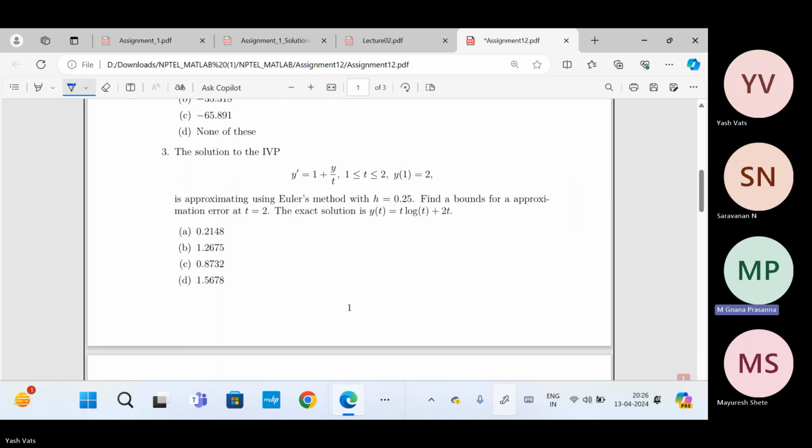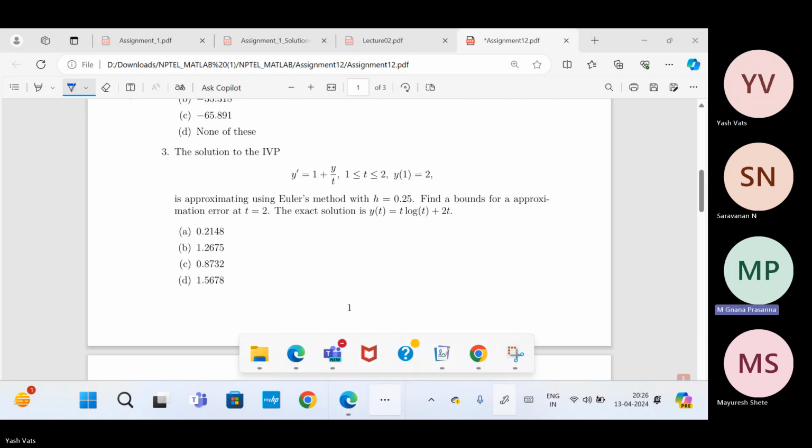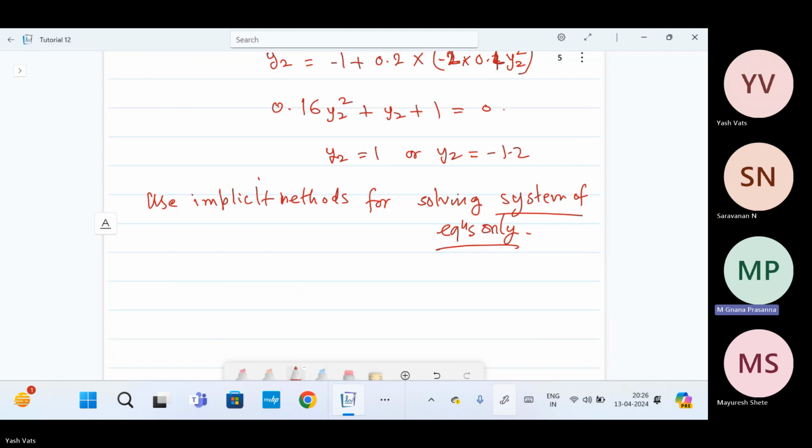Sir, determine y at 0.6 using Euler's method, h is equal to 0.2, means we have to use the same. They didn't mention backward or forward in the assignment. So they said by Euler method, right?